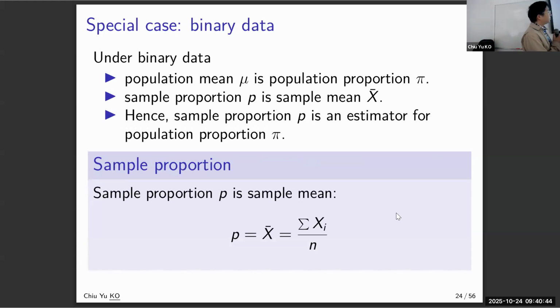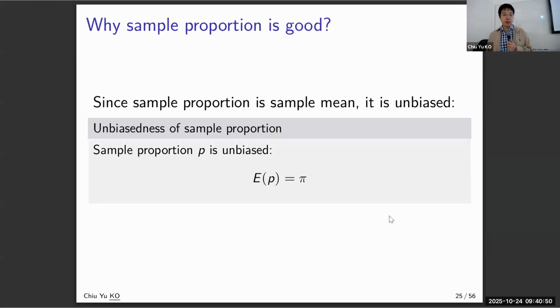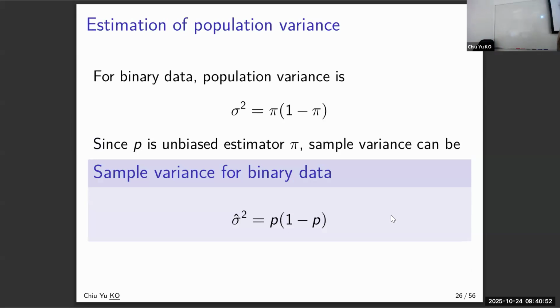With binary data, the sample mean becomes the sample proportion, so there's nothing new here, okay? Except that because the mean and variance are connected, once we have an unbiased estimate of the proportion, it actually gives us another estimator of the sample variance. Okay, and this is the one we use.